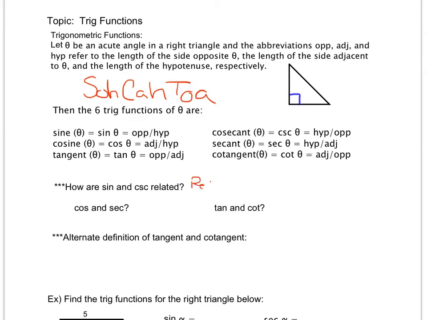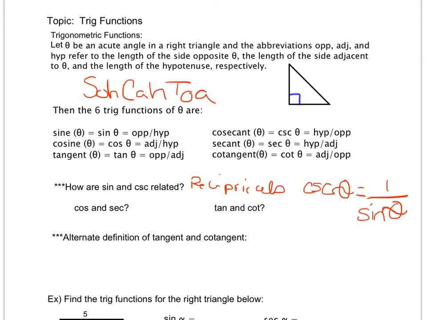They're all reciprocals. So since they're all reciprocals of one another, there's many different ways I can think about how to define these functions. I can define cosecant to be hypotenuse over opposite. I can also say that cosecant is equal to 1 over sine.